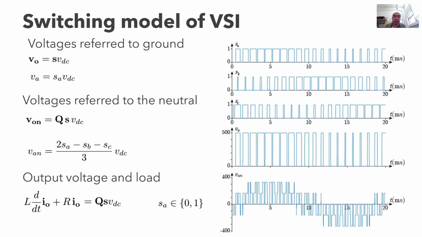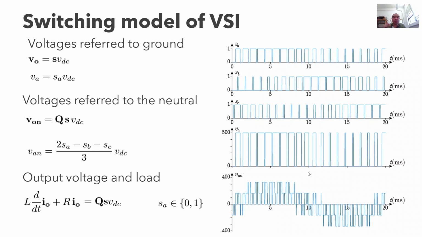The output voltage of the inverter has the same waveform as the switching signal, as you can see, multiplied by the DC voltage. In this case, the output voltage goes from 0 to 500 and it has a DC component.